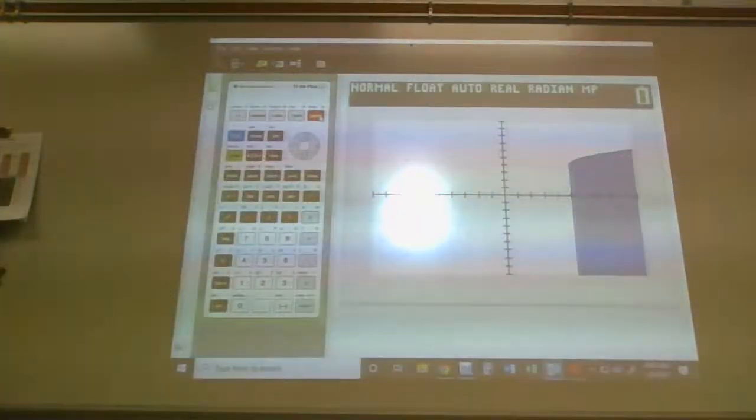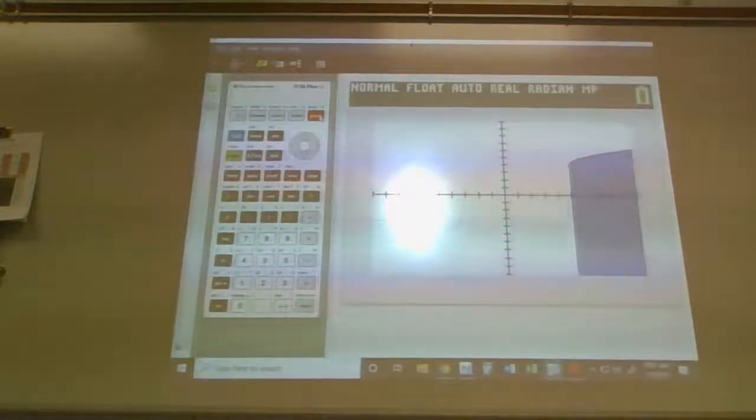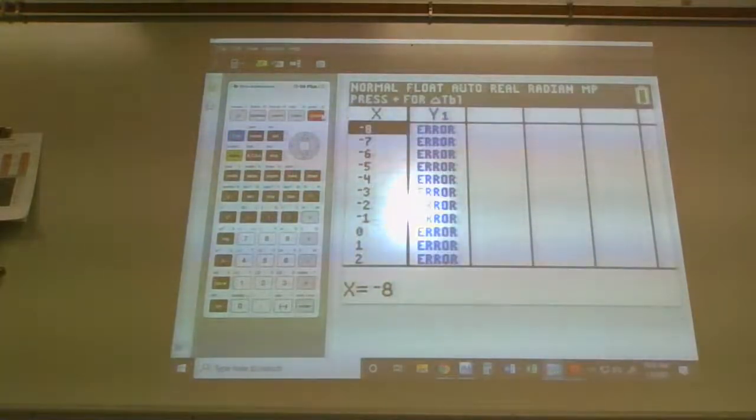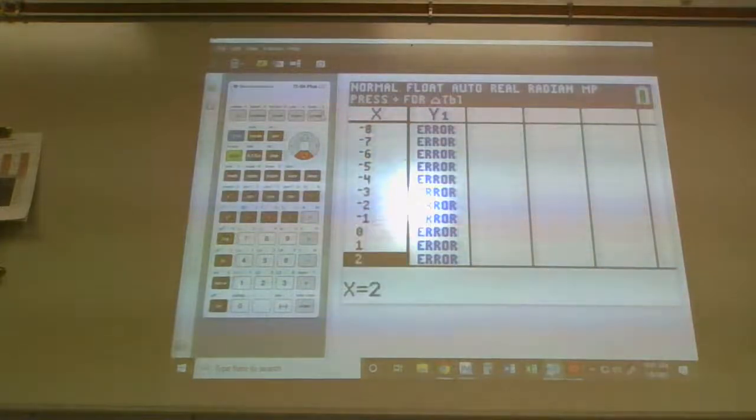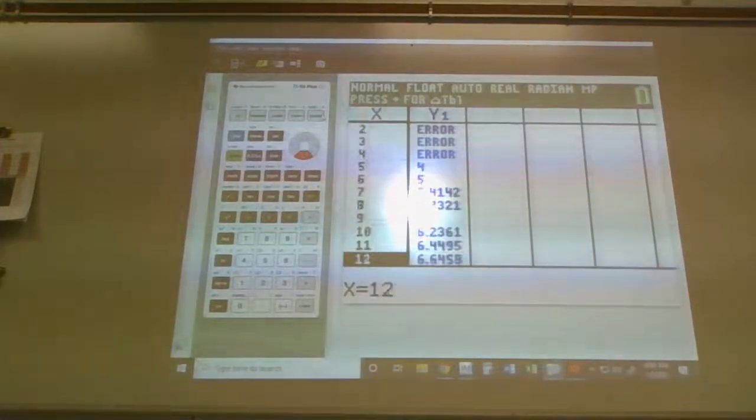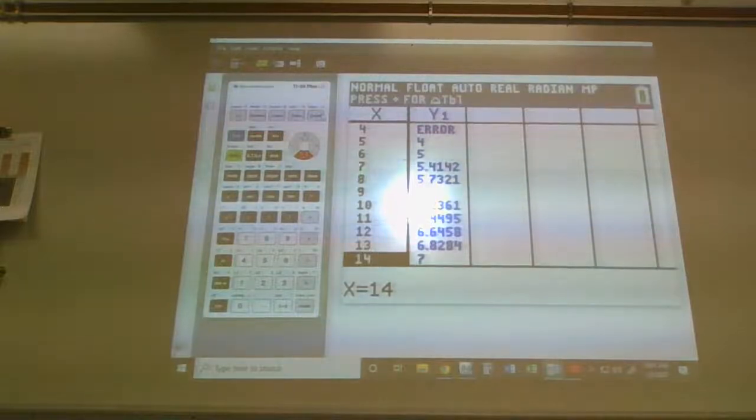First, I'm going to go to the table of values. Oh no. So let me go back to my table of values. Second graph. Well, I know where this thing is supposed to be. There it is. I'm going to write out some of these ordered pairs, not all of them. 5, 4, 6, 5, 9, 6.